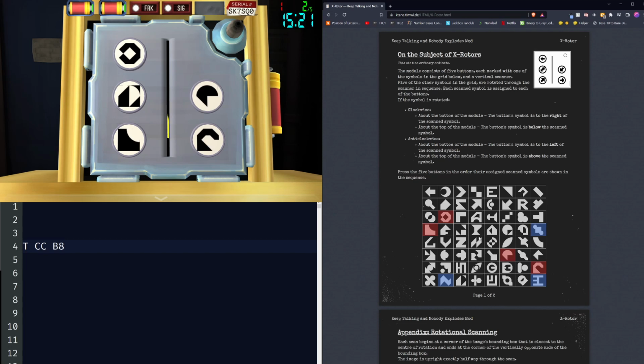I'm literally blind. What? I can just not see this. Is it this one? Yeah, what I thought was a circle. Alright. Top clockwise B8.